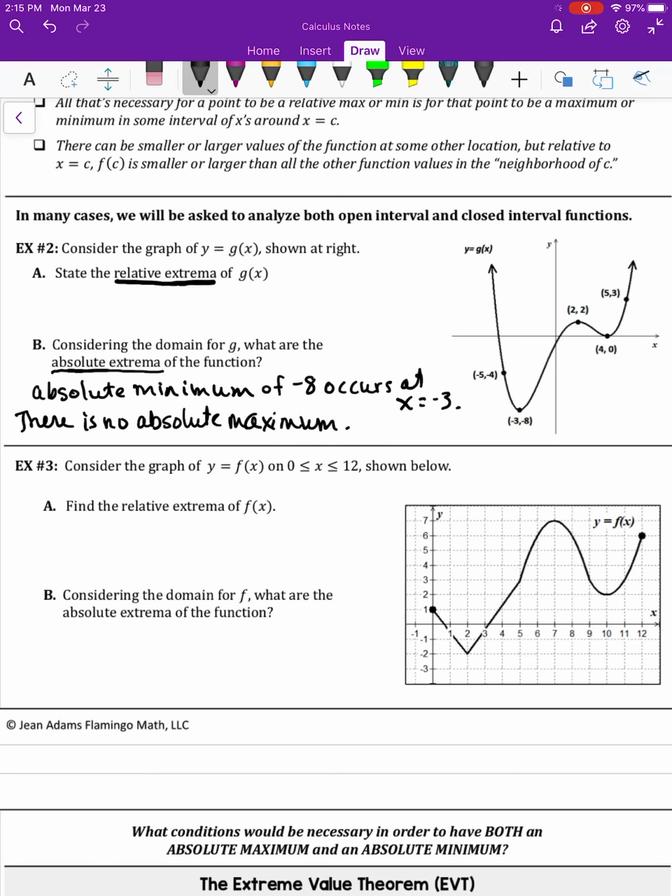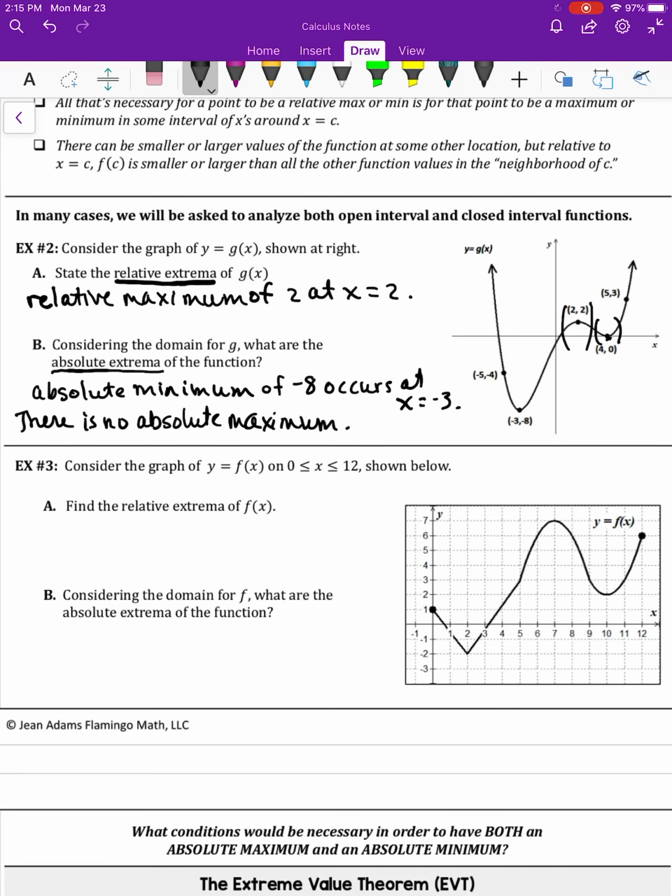So there is no absolute maximum. Now, relative. You can see right here in the neighborhood, that's the highest point. So I have a relative maximum of 2 at x equals 2.